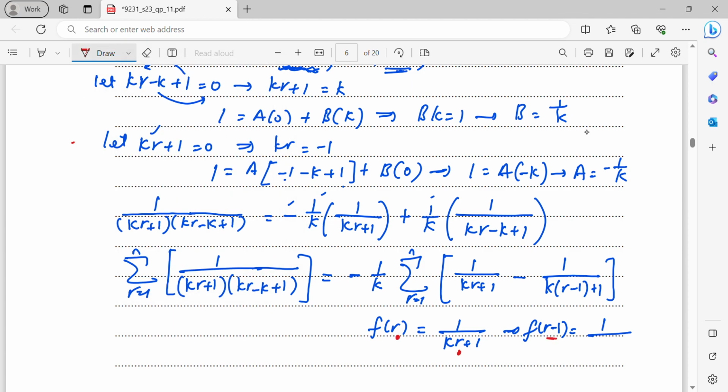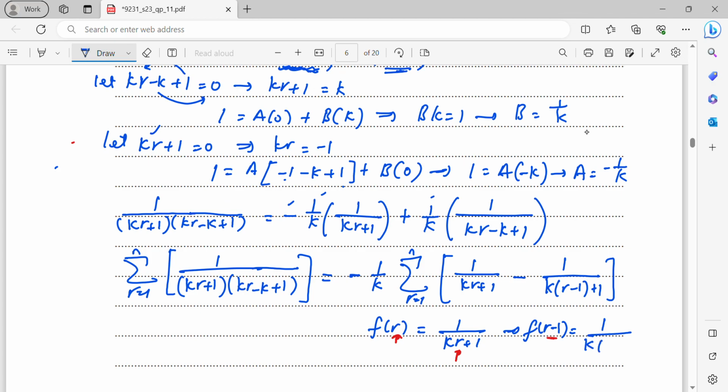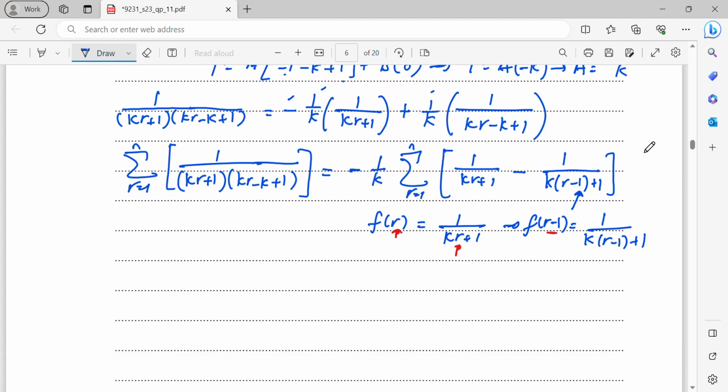So when r minus 1, this r will be replaced by r minus 1. Then I will get k bracket r minus 1 plus 1. That means it's exactly the same as the second rational function in the previous step. So I will write negative 1 over k summation r from 1 to n. This first term is my f(r), the second term is my f(r minus 1).